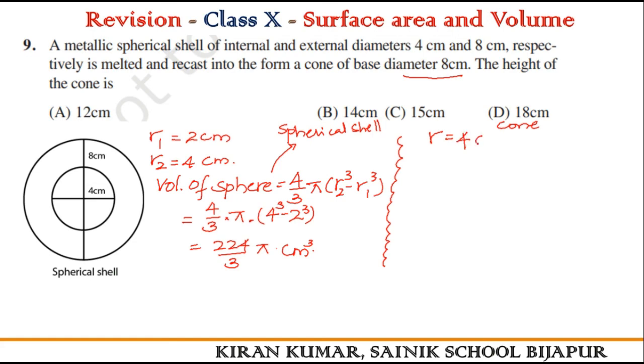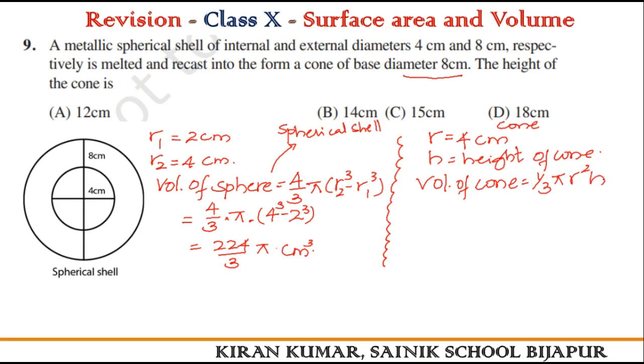So the radius of the cone will be 4 centimeter. If I consider h as the height of the cone, which is to be found, the volume of the cone is given by 1 by 3 pi r squared h. This volume should be equated with the volume of the spherical shell, because the same thing is being recast.